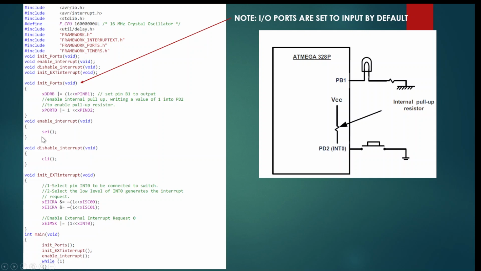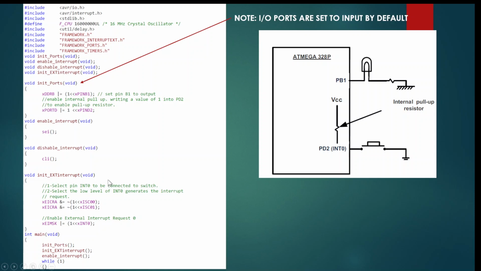Next, as I noted, we need to enable the global interrupt, SEI(). And here I have another function that I added and I didn't mention, which is that we should have the capability to disable interrupts also. And that's CLI().